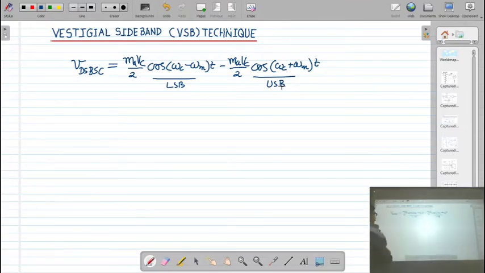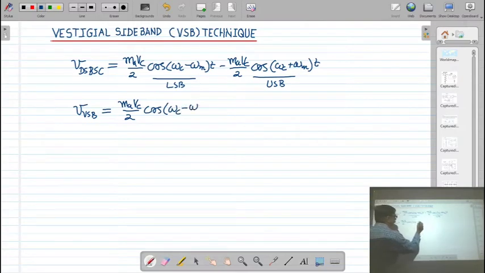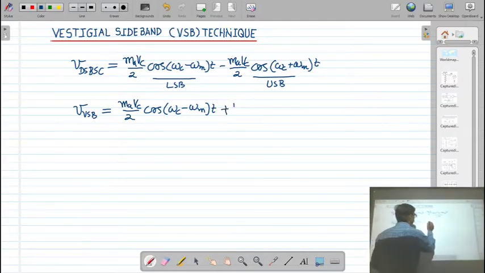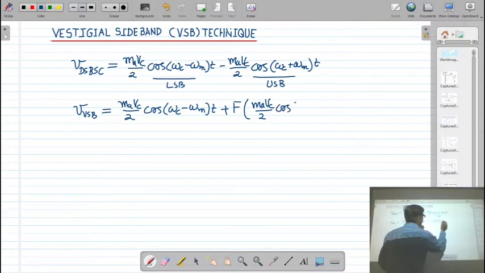In a vestigial sideband, remember, if I want to write the expression, then I can write VSB equals, suppose I am going to transmit a lower sideband completely, then it is mAc/2 cos(ωc − ωm)t, and we are transmitting a fraction of the upper sideband, so plus the fraction of the upper sideband, we can write in this way, cos(ωc + ωm)t.